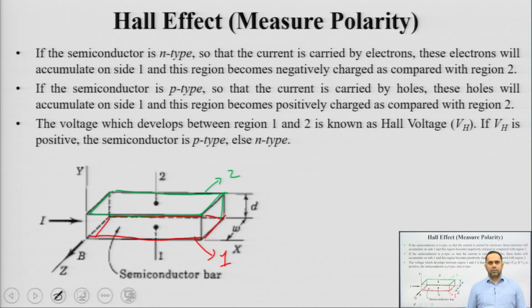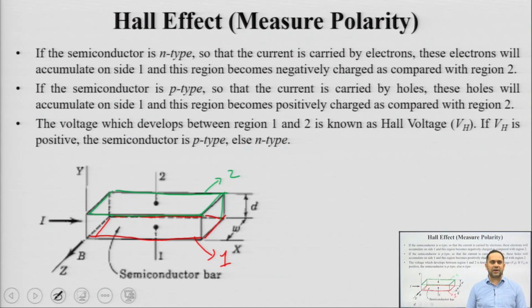If the semiconductor is n type, when electrons get pulled towards surface 1 downwards, this region gains electrons. Say initially in the middle you have electrons flowing from right to left because current is from left to right. These electrons get pulled towards surface 1 below. So, surface 2 effectively becomes positively charged as compared to surface 1, or I can say that region 1 is more negative as compared to region 2.